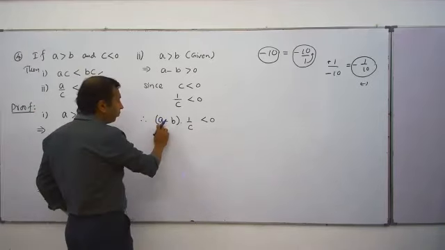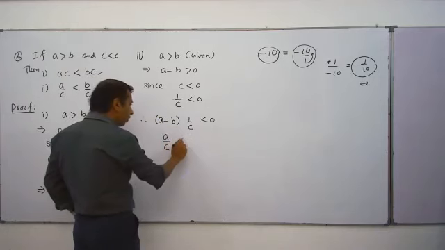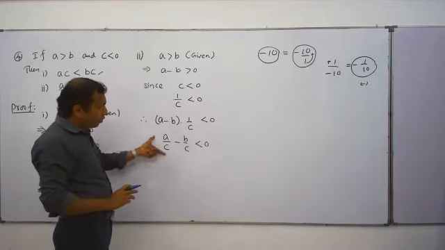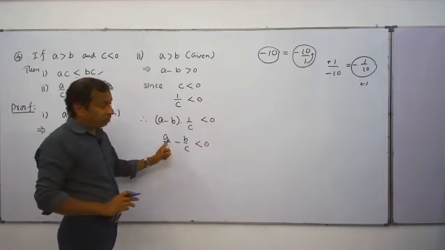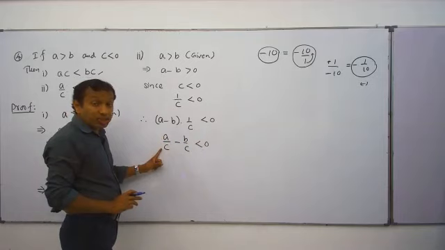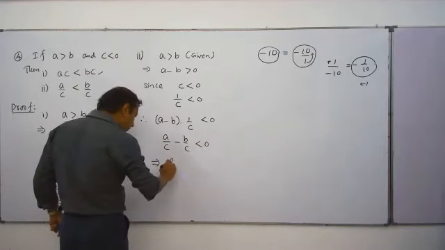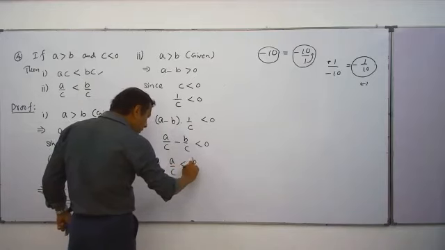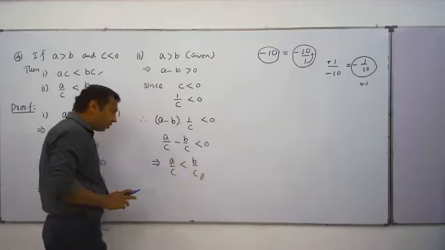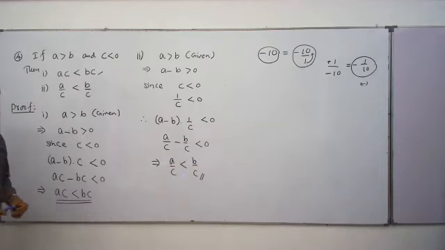Now remove the bracket. A times 1 upon c. That means a divided by c minus b divided by c less than 0. For this difference to be negative, definitely this a by c should be smaller than this b by c. So this implies a by c less than b by c. This is how we prove that result.